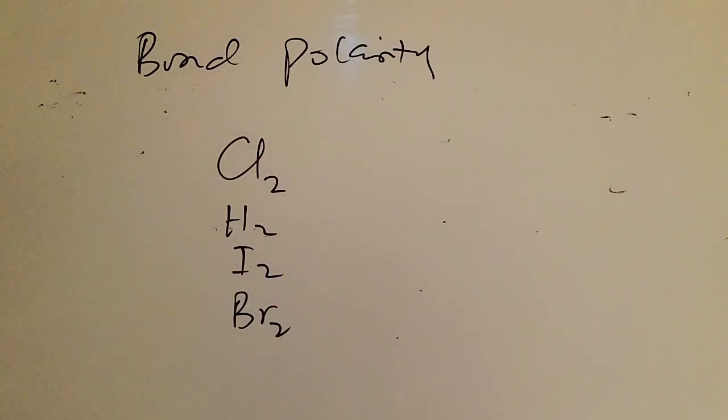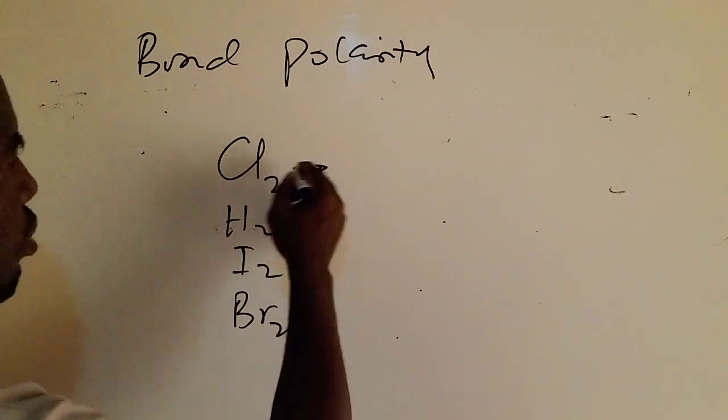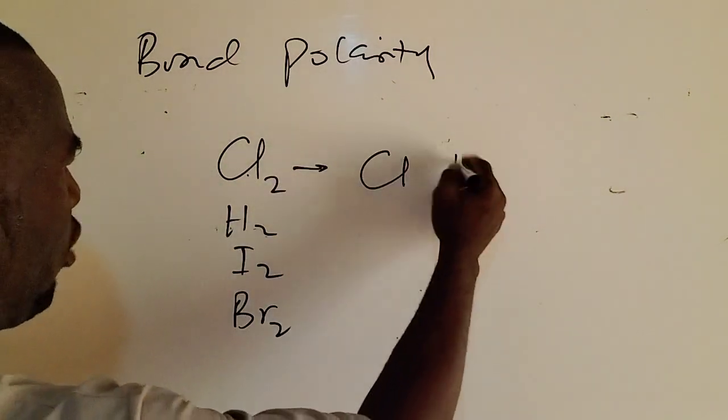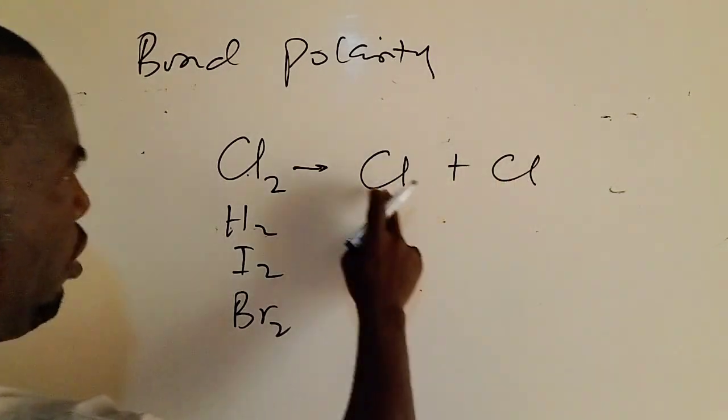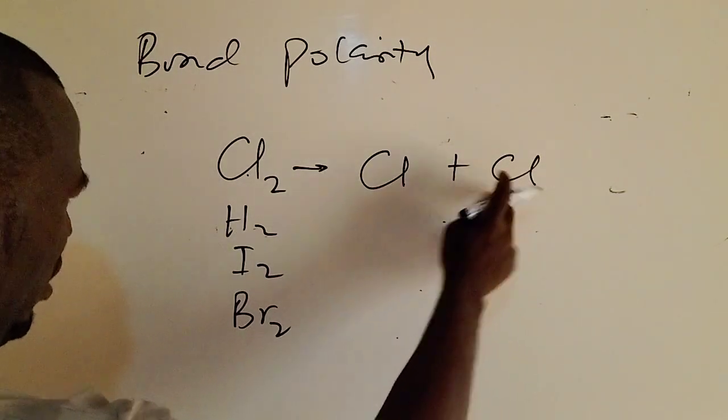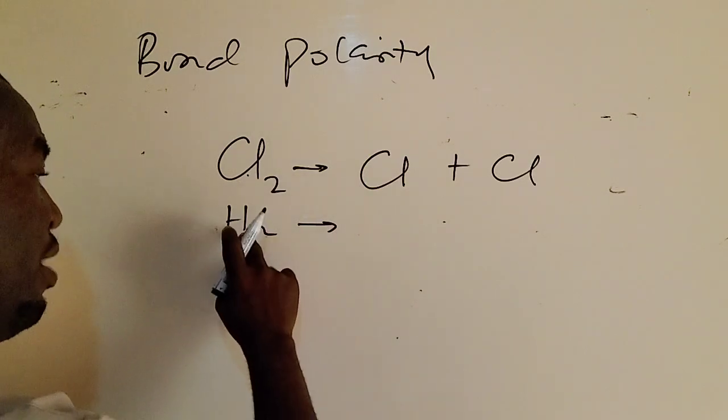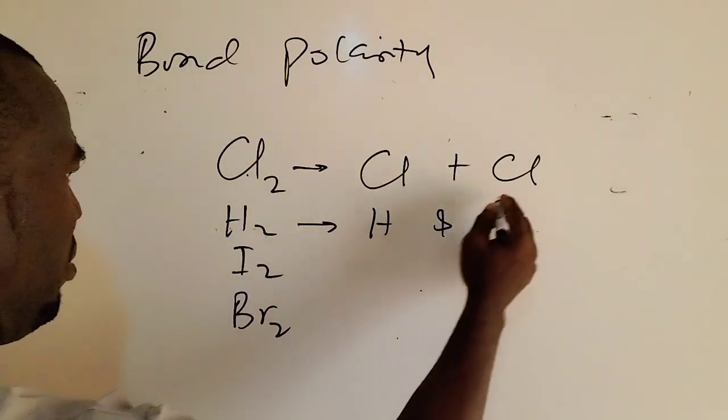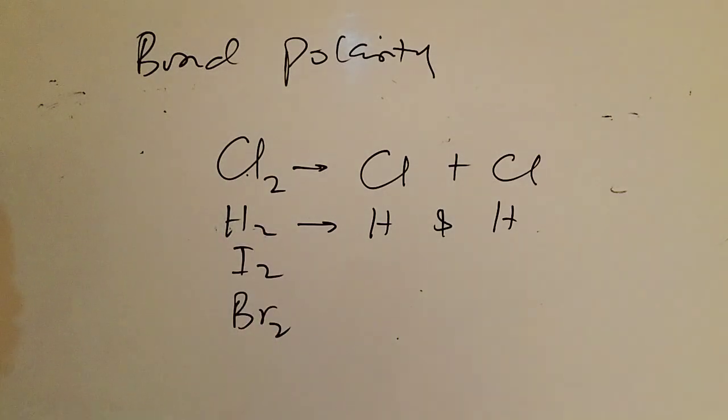Are these molecules polar? The answer is no, because the molecules will have zero electronegativity difference. The difference between the electronegativity value of chlorine and that chlorine atom will be zero, because we have equal electronegativity. The difference between the electronegativity value of hydrogen and that hydrogen atom will also be zero. So homonuclear molecules are usually non-polar because they have zero electronegativity difference.